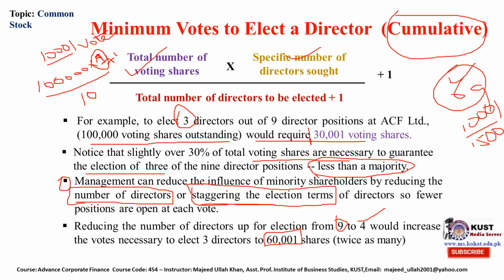Now it is very difficult to elect 3 directors because the number of directorships is reduced, so it needs a high number of shares to elect any director. That becomes difficult for the minority shareholder to elect any director on the board.